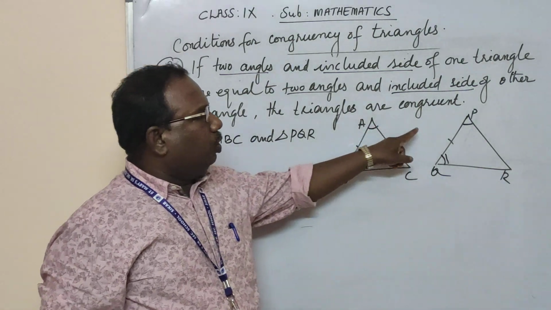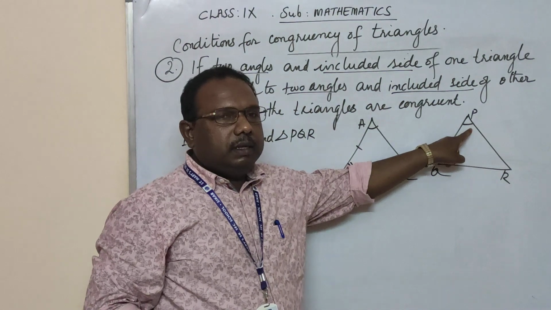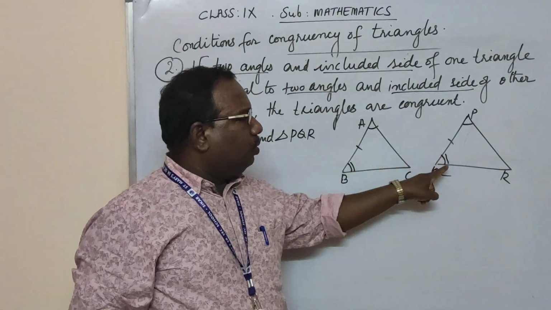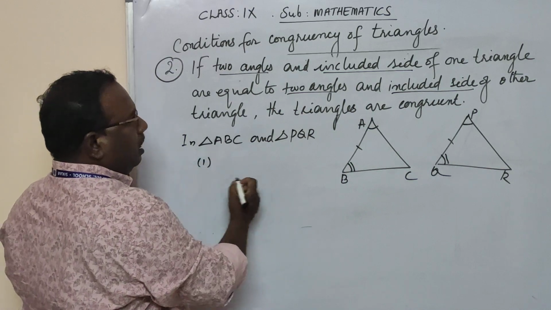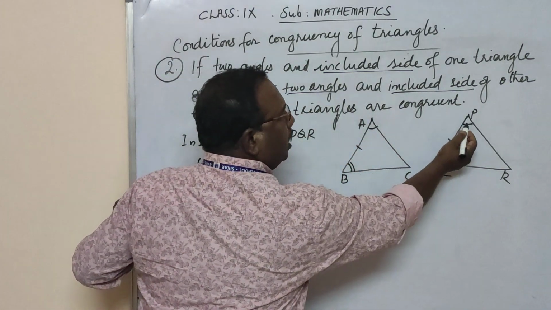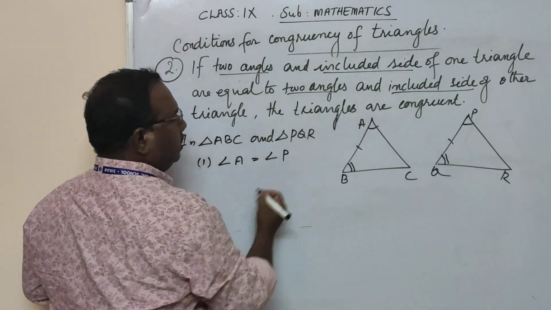AB is equal to PQ. Angle A is equal to angle P. Angle B is equal to angle Q. Now let's write. Point 1. Angle A corresponds to angle P. That is, angle A is equal to angle P.